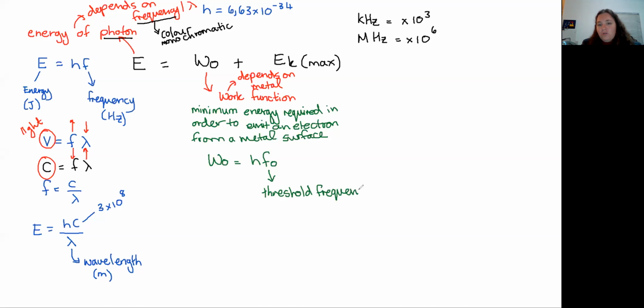And the threshold frequency is the minimum frequency, remember, the work function is the minimum energy, the threshold frequency is the minimum frequency of the light that can cause an electron to be emitted from the metal.